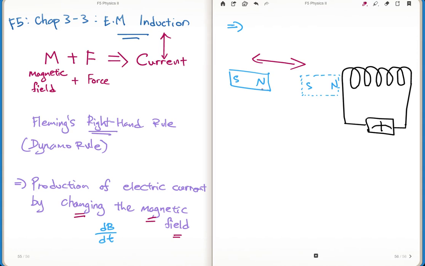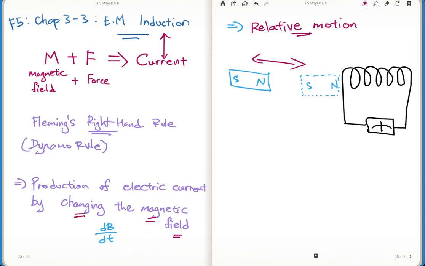When you bring this magnetic bar forward and backward, nearer and further from the coil, then you will have a change in magnetic field. Another way, you call it relative motion.